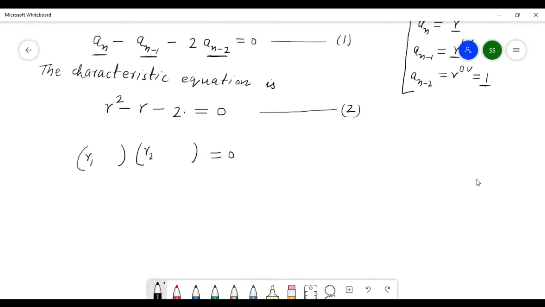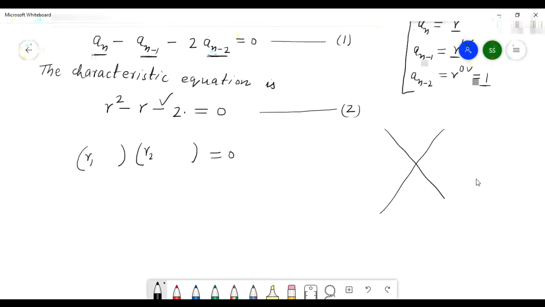Take the factors. So how to solve? Look over here. This is the rule. Here we have minus 2, and here we have minus 1. Now look. This minus 2, break it into two numbers.